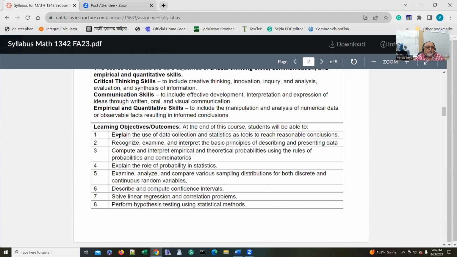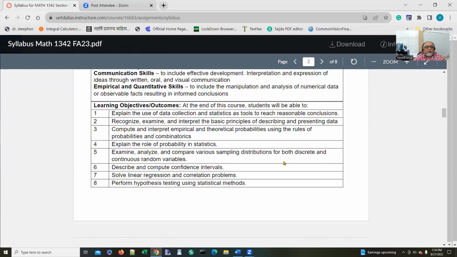Explain the use of data collection and statistics as tools to reach reasonable conclusions; recognize, examine, and interpret the basic principles of describing and presenting data; compute and interpret empirical and theoretical probabilities using the rules of probabilities and combinatorics; explain the role of probability in statistics; examine, analyze, and compare various sampling distributions for both discrete and continuous random variables; describe and compute confidence intervals; solve linear regression and correlation problems; perform hypothesis testing using statistical methods.